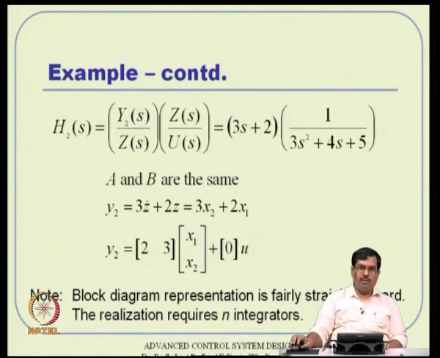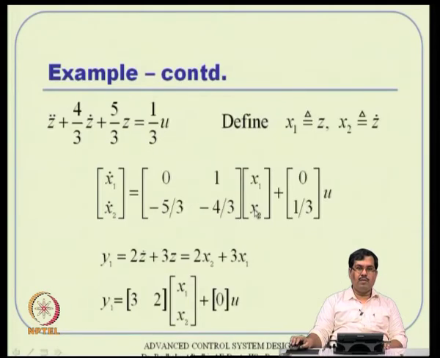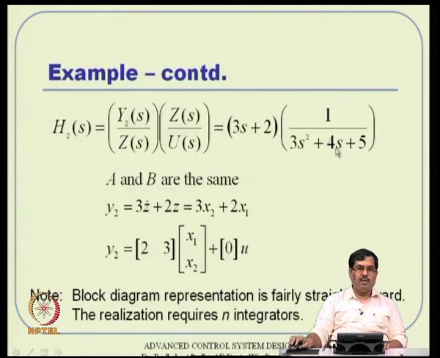Now, let us see what is H2 here, and H2 is the second one, and remember that comes from this expression. So, this 1 by 3s square plus 4s plus 5 term will remain the same, and then instead of 2s plus 3 we will have 3s plus 2.